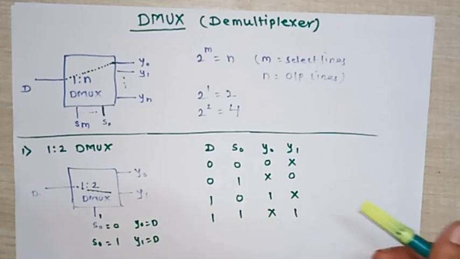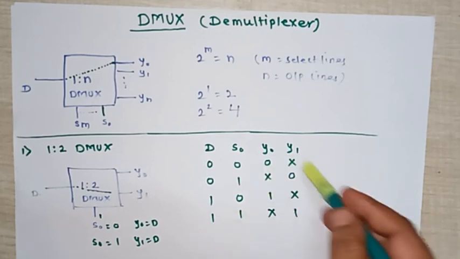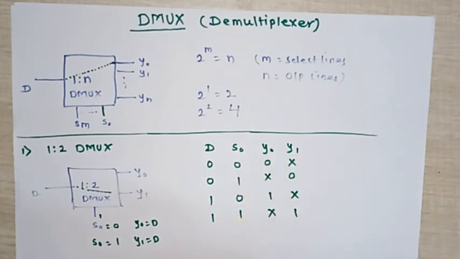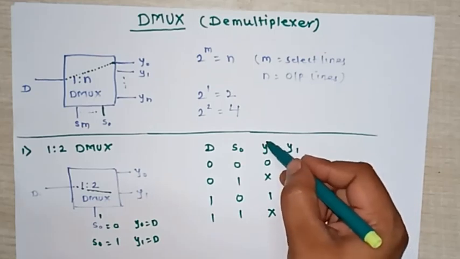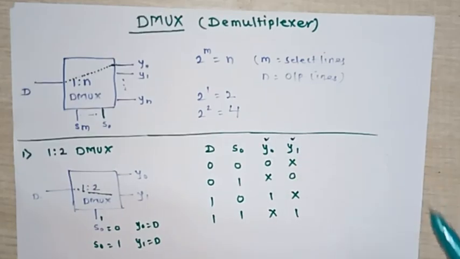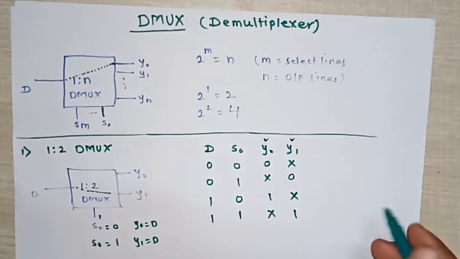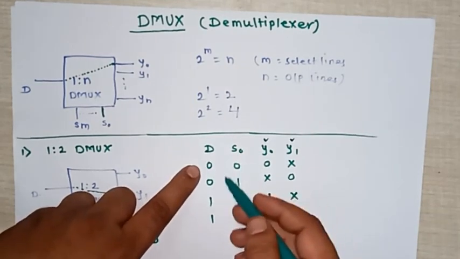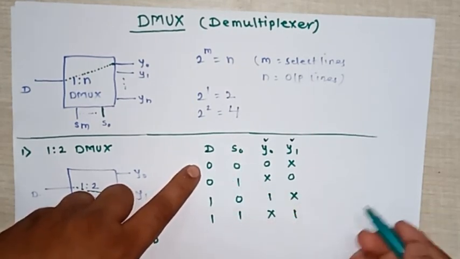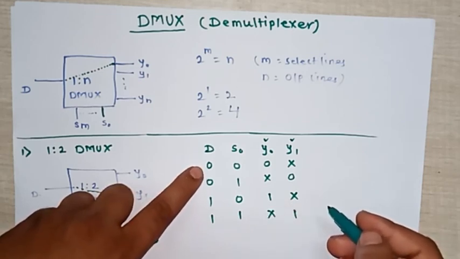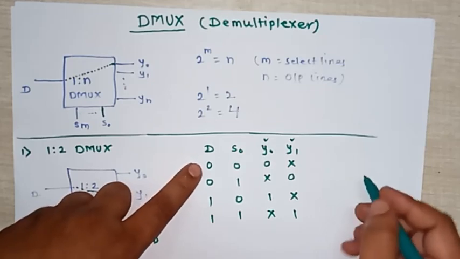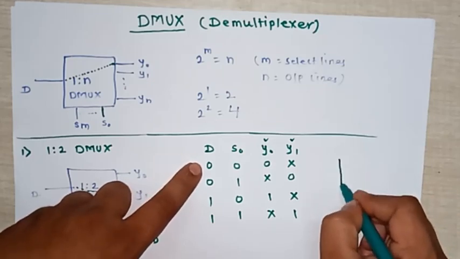Now, to implement this, we need to find out the equations for Y0 and Y1. Only two inputs are there, so we will find the equations by using a K-map.